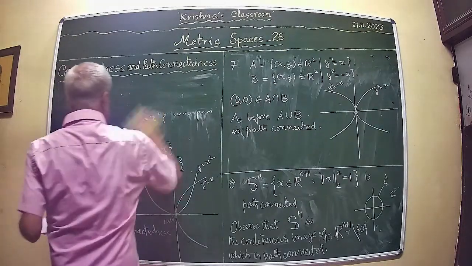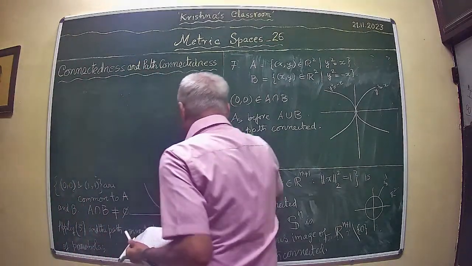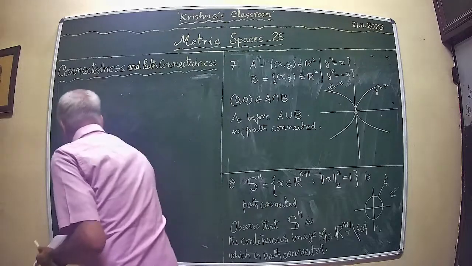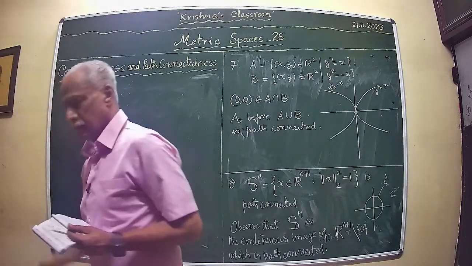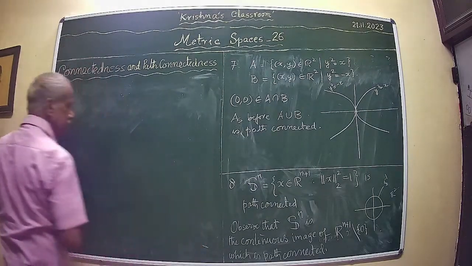So let us write down the continuous image. Now you see that this is the image.